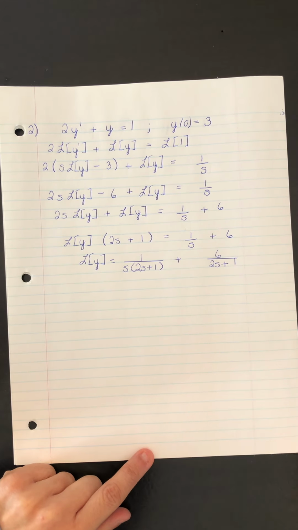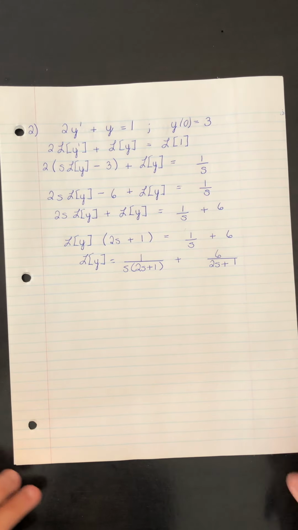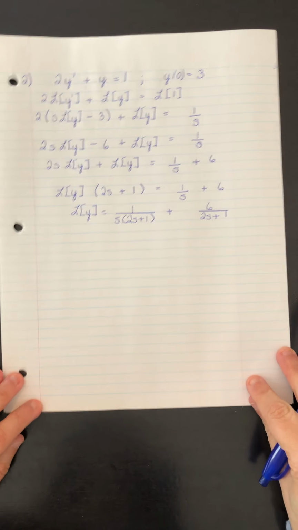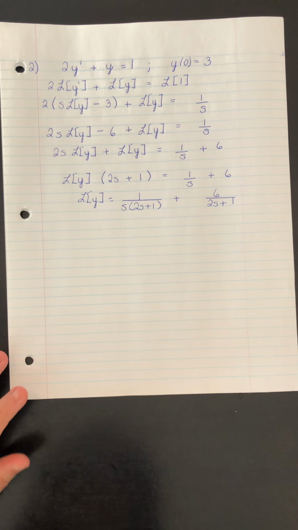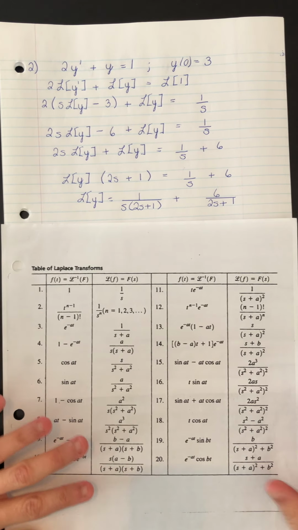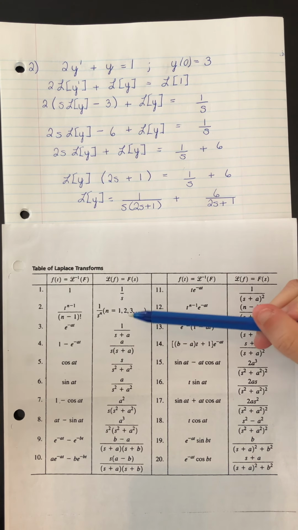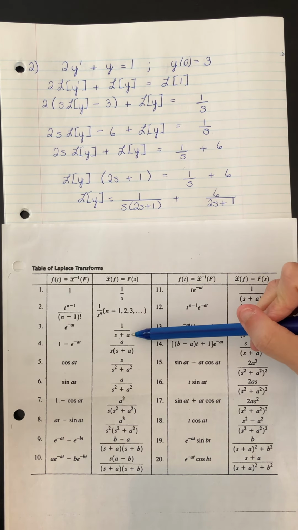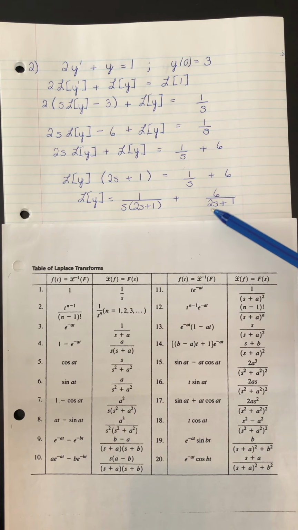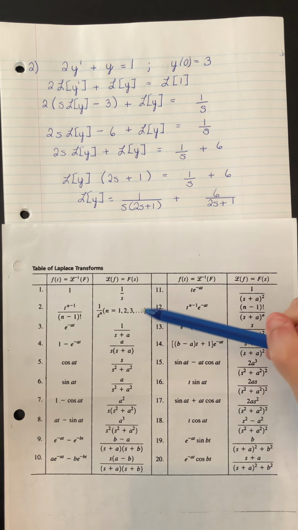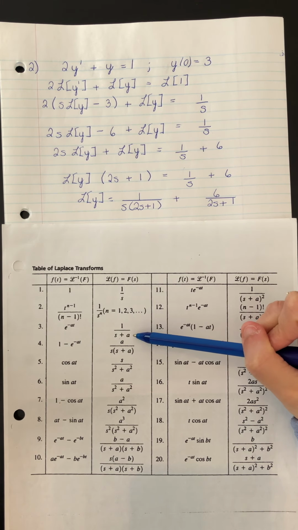And then it's time to look at the table and try to decide where we might find these transforms. Okay, so let's have a look. In fact, this one is the same one we used in the last problem. It's number 3. Okay, the only problem is the coefficient of 2 here must be eliminated before we try to use number 3.